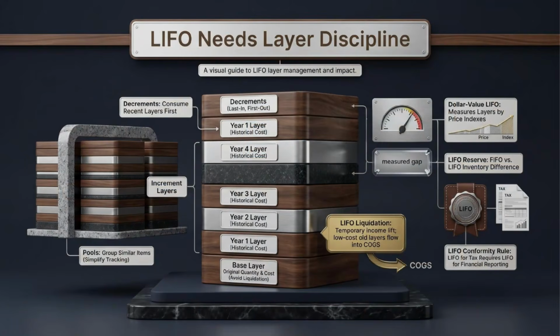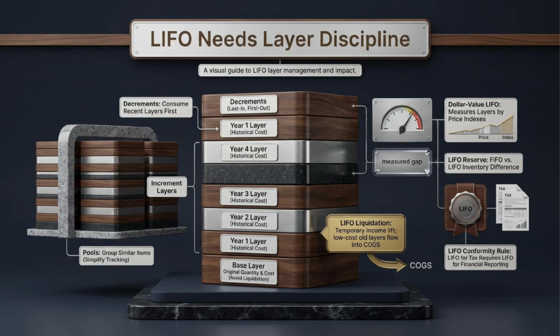Last in, first out needs layer discipline. The base layer is the original quantity at the original cost when last in, first out is adopted. Increments add new layers when ending inventory increases. Decrements consume the most recent layers first, and in rising price environments, they can create a last in, first out liquidation effect by releasing older, lower cost layers into cost of goods sold.